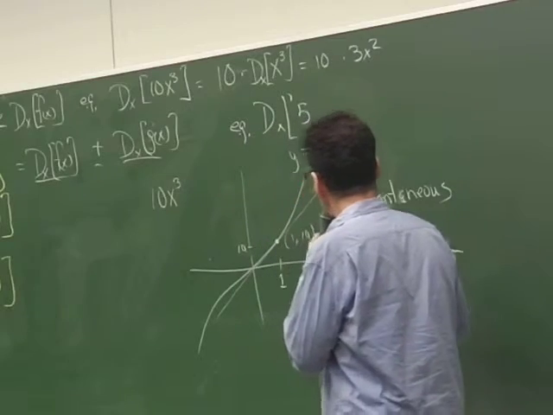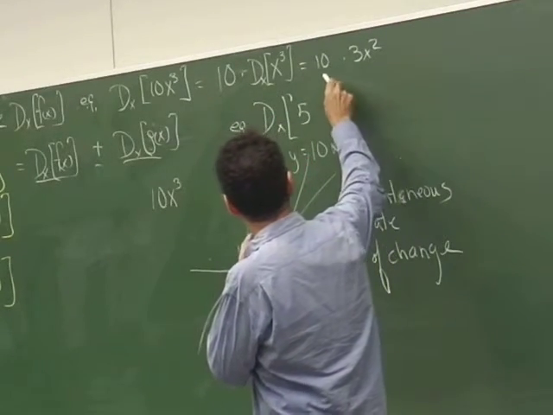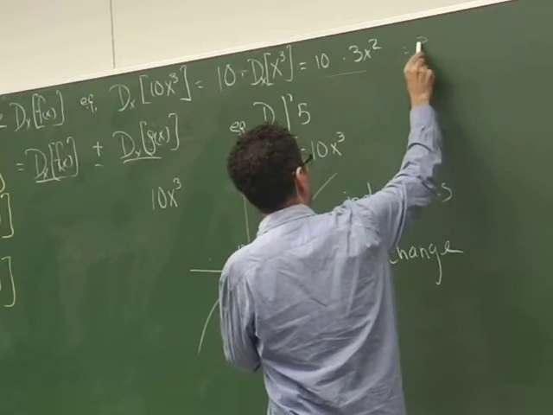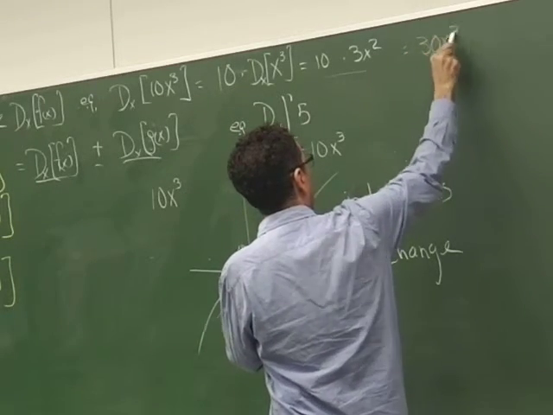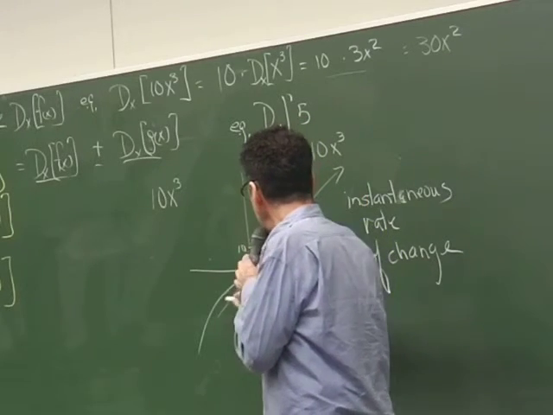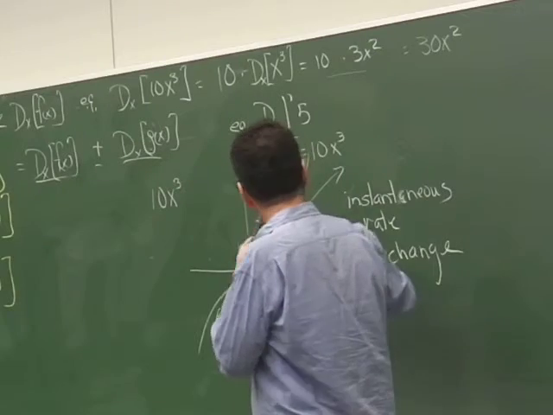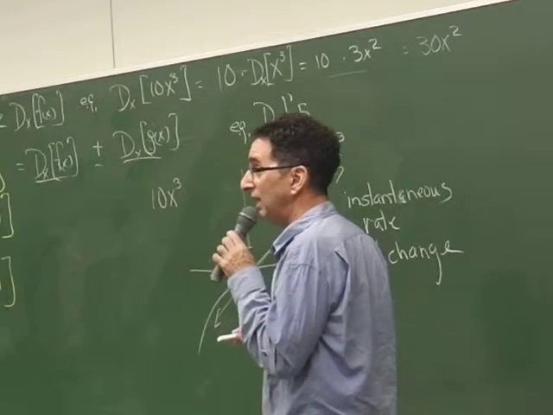So, okay, but now, what is the derivative? We said the derivative is this, or in other words, it's 30x squared. So how do I find out the slope of this line? I put 1 into the derivative, not into the function.